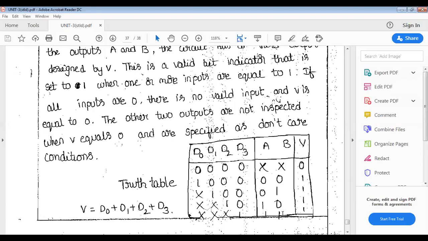And one or more inputs is 1. If all the inputs are 0, there is no valid input. If E is equal to 0, the other 2 inputs are not inspected when V equals 0 and are specified as a don't care condition.